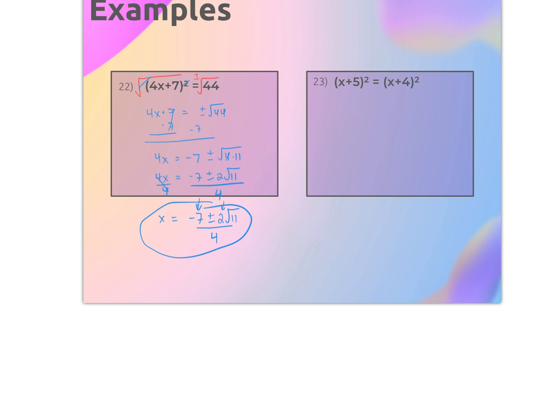So in other words, if this was, let's say, minus 8 plus or minus 2 radical 11 over 4, then you might say, okay, I can take a 2 out of here, a 2 out of there, and a 2 out of here and simplify it a little bit. But everything would have to be factorable by the same thing. And since 7 is not, I don't want you to worry about simplifying it, because you can't really do that as it is there, okay?